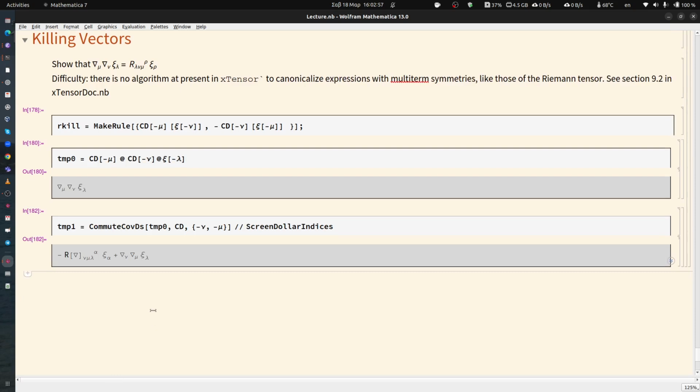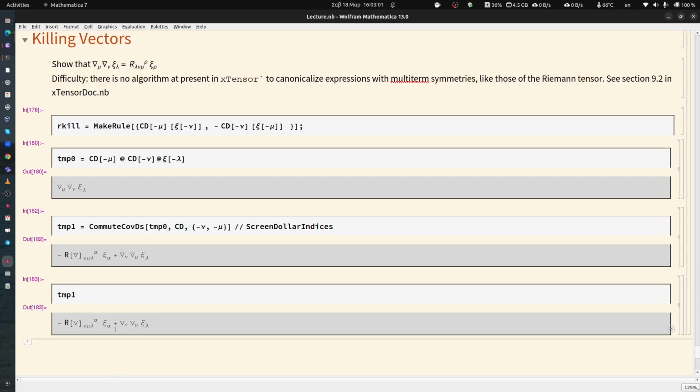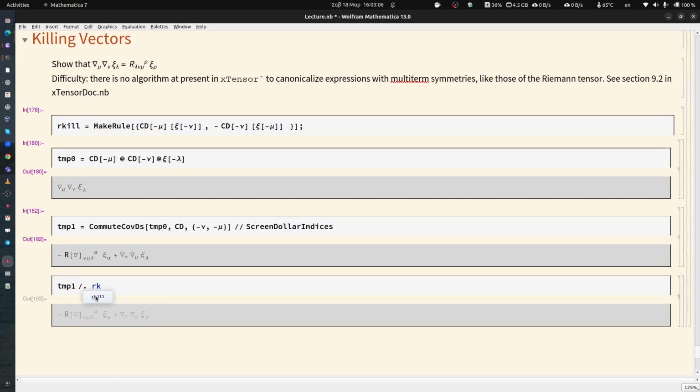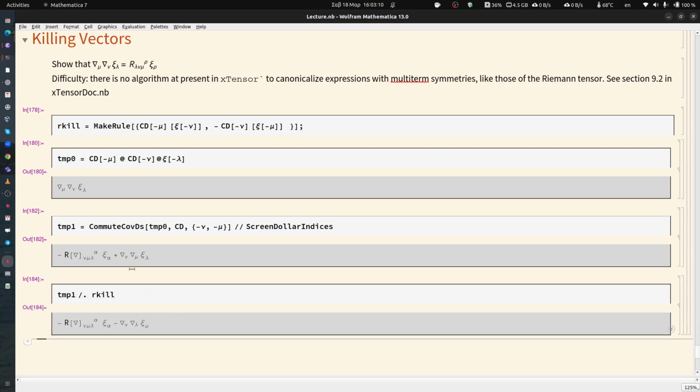So I want to apply now the Killing equation. So that is TMP1, and I apply our kill to it. So you see that d nu d mu has been replaced by d nu d lambda and have the minus sign here.